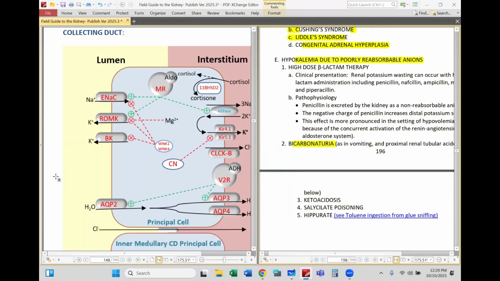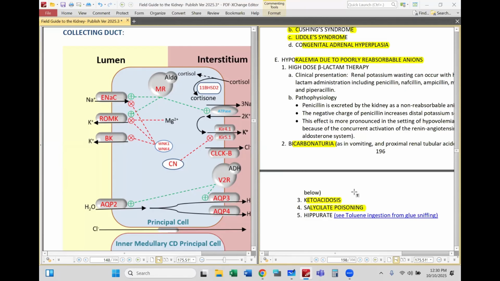So NG suction is a classic question that comes up both at the bedside, in the real world, as well as on board exams. The kidneys are responsible for the bulk of the hypokalemia in NG suction, and that is because of urinary bicarbonate drawing K into the urinary space. Okay. Keto acids will do this as well.